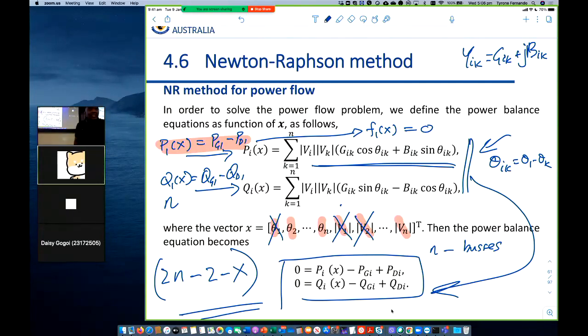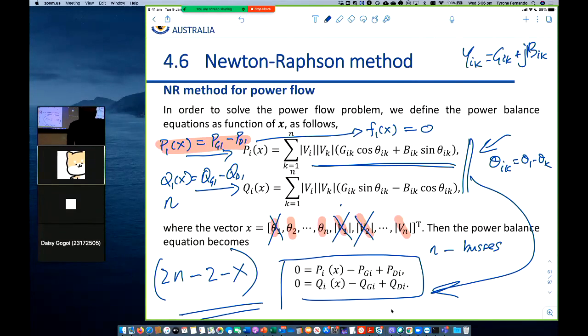Now, for each of the nodes, we have the power balance equations. We have an expression for power injected into node i, P_i, the active power injected into node i. So P_i equals everything on the right hand side. What does everything on the right hand side represent in terms of the network?